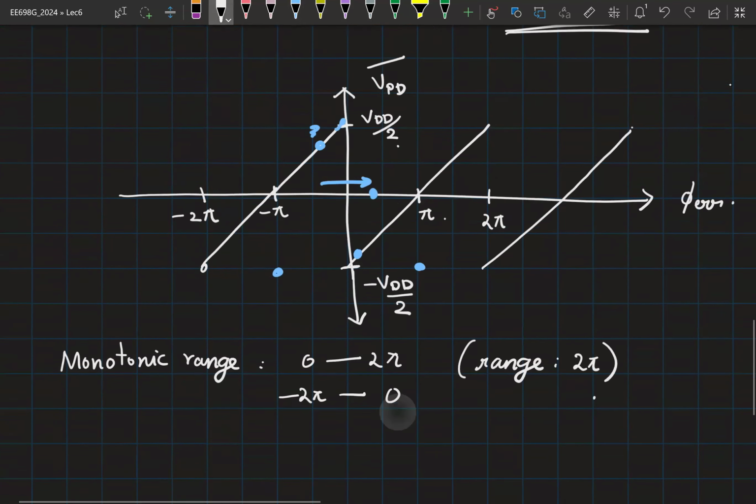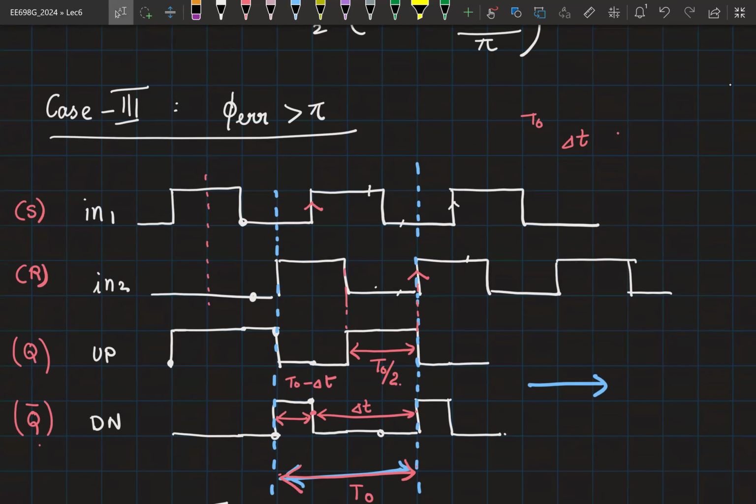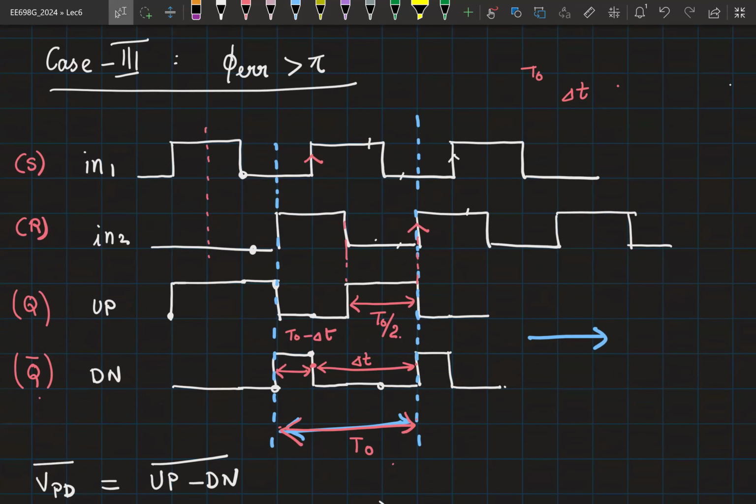Okay. So now, what do you think will happen if I chose both input signals with different duty cycles? Do you think it will cause a problem? It will change the characteristics, right? So now it looks like our phase detector characteristics are a function of the duty cycle of two signals. Now, let's say I want to get rid of this duty cycle dependency, right?